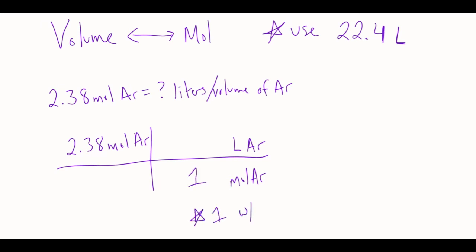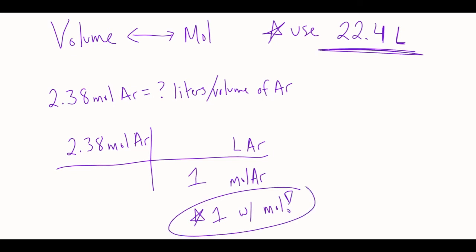Again, 1 always goes with the mole for every kind of problem: for mass, for volume, and for molecules. For liters, you're always going to use 22.4. So we're just going to multiply 2.38 times 22.4. And that's going to give us 53.312 liters of argon.